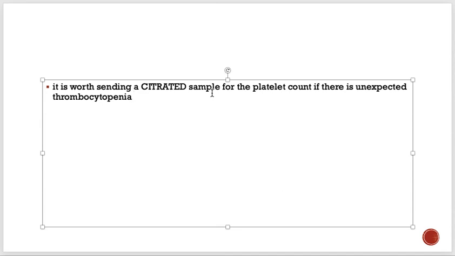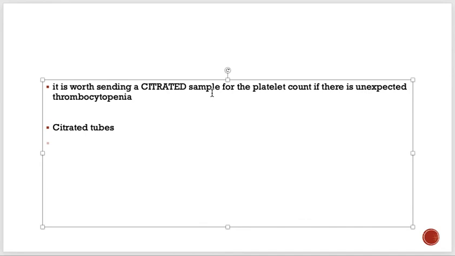Nowadays there are tubes available called citrated tubes, and when we send the blood sample, we send it into a citrated tube. What is citrate? Basically, citrate is a reversible anticoagulant, right?